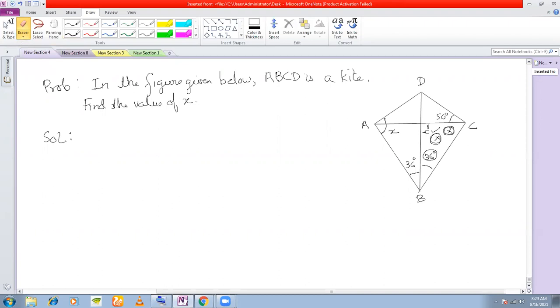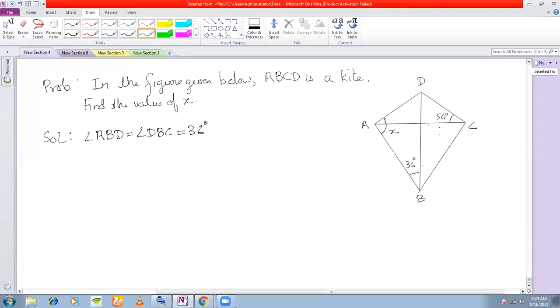Yes, sir. So now let's write this down. Let's see how to write it. First of all, we'll say that angle ABD is equal to angle DBC is equal to 36 degree.